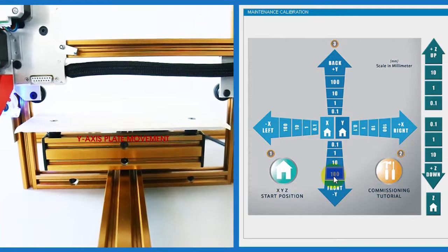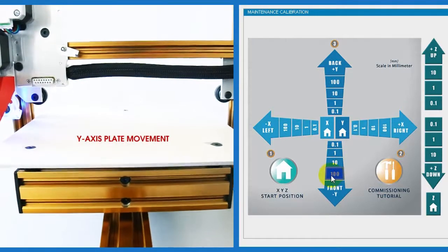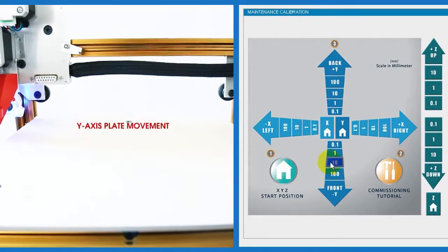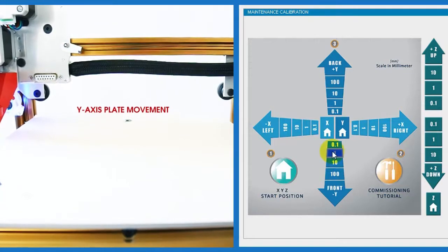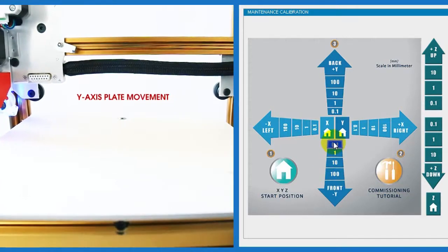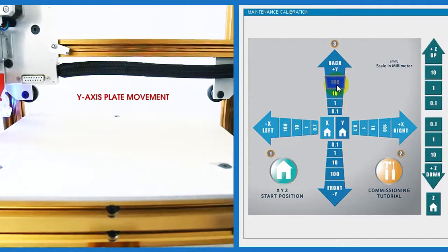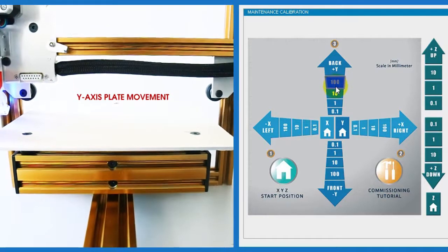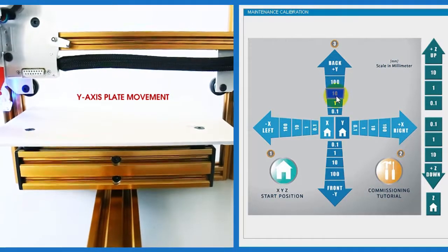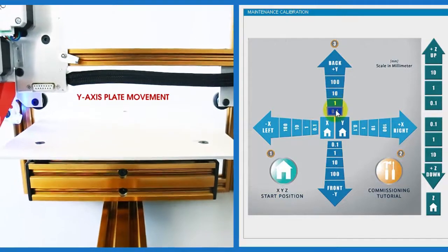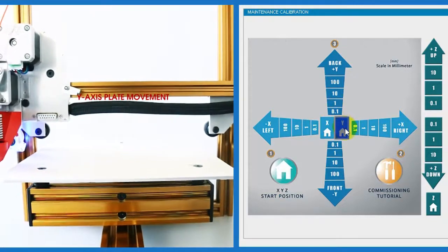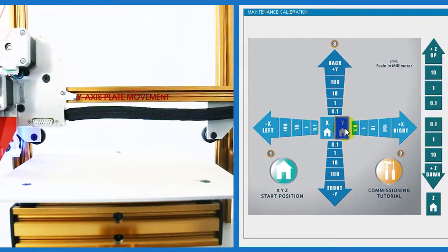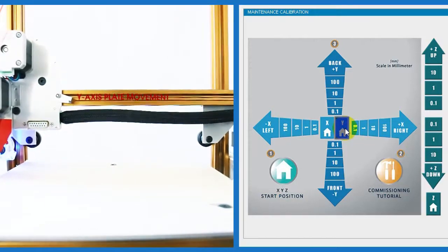The negative Y front button moves the nozzle to the front by either 100, 10, 1, or 0.1 mm. Now the positive Y back button moves the nozzle backwards by either 100, 10, 1, or 0.1 mm. The Y home button moves the nozzle back to its Y-axis home position.